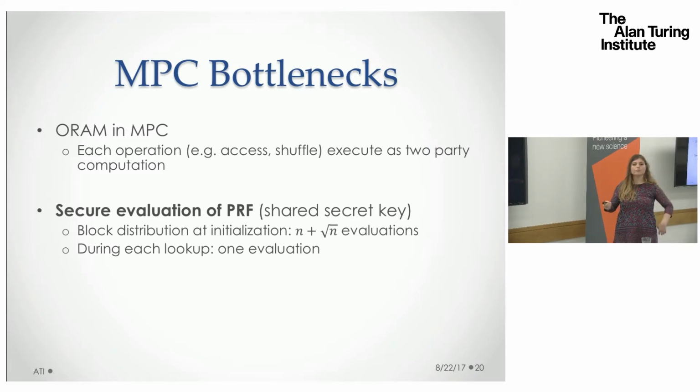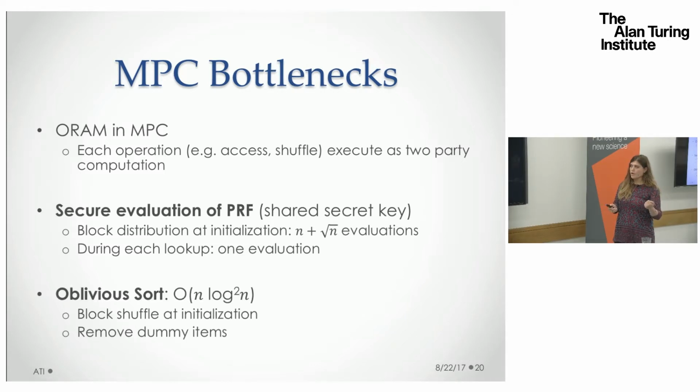A pseudorandom function described as a circuit is quite expensive, and in the two-party setting, your PRF key needs to be shared between the two parties. The other expensive step are these oblivious sorts that you need to do all over the place. So these were the two targets that we wanted to optimize in our construction.